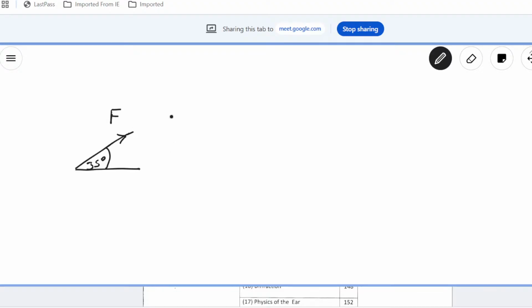No, we're first of all just reviewing, making sure we're okay. Just going over the concept of resolving a vector. Let's say there's a force here. Just checking to see that we're all good.